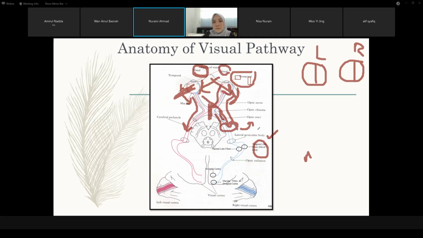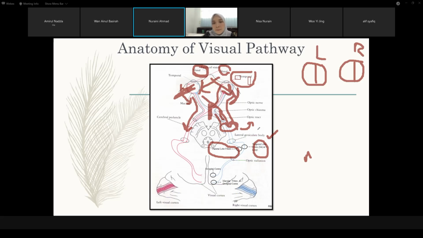While for the parietal lobe ni, dia adalah salah satu fibers yang keluar daripada lateral geniculate body juga yang akan pergi to occipital lobe melalui parietal lobe fibers. Parietal lobe fibers ni ataupun kita panggil sebagai superior retinal fibers. Ada kepentingan tahu inferior dengan superior sebab nanti defect dia ada yang tu.